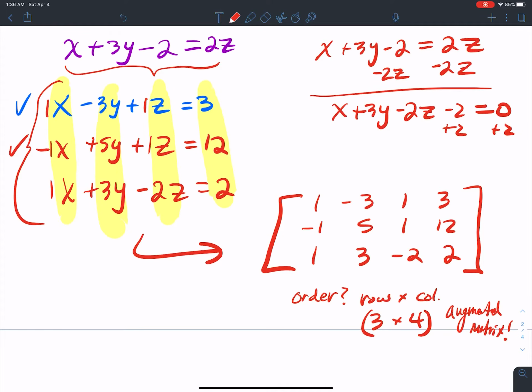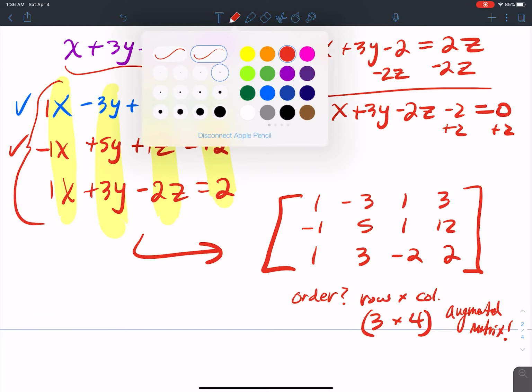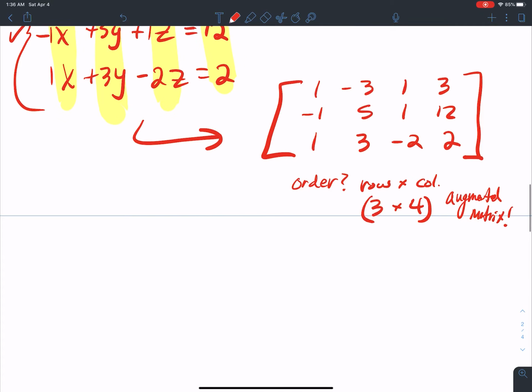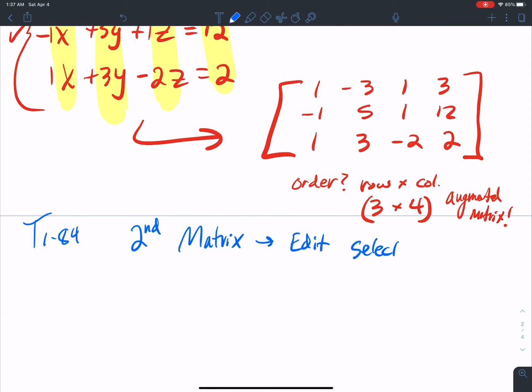Okay. Now, if I was going to solve this using my calculator, I'm going to give you the step-by-step, every button you need to press in your TI-84. Hit second matrix, then hit Edit, and select the first one, A. After you do that, enter the size.